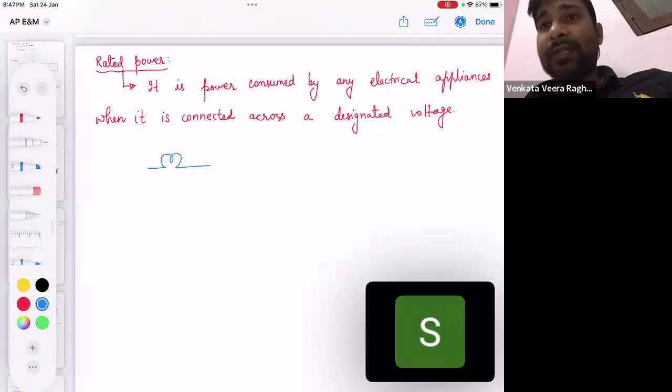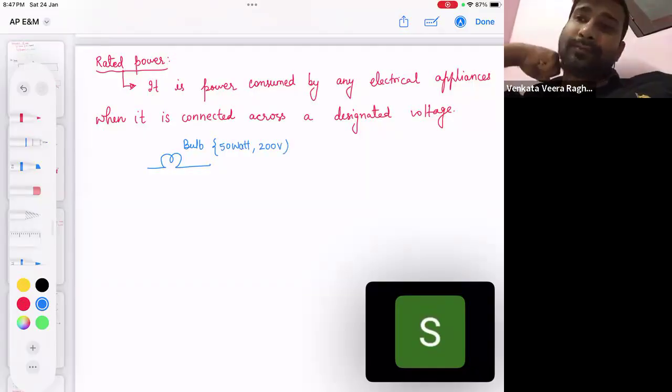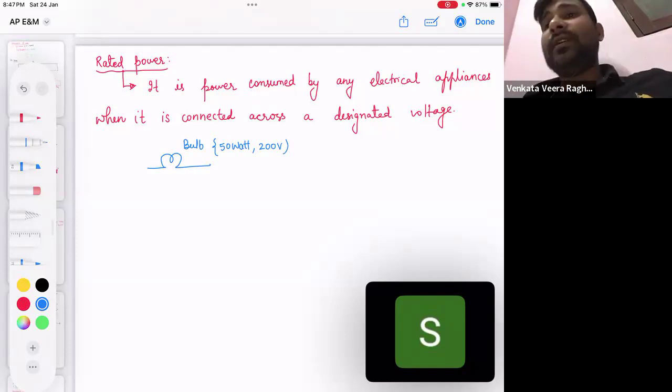This is how we represent a bulb. Let's say in a bulb it is given to us 50 watt, 200 volt. What does it mean? Tell me. That means if this bulb is connected across a battery of 200 volt, this bulb is going to consume 50 watt of power.